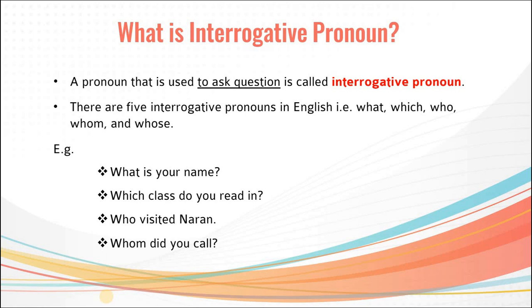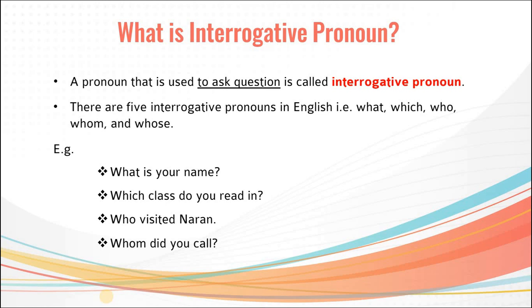When we are talking about adverbs, we say when, why, how, whenever, however, etc. When we are talking about interrogative pronouns, we are talking about what, which, who, whom, and whose. What's your name? Which class do you read in? Who visited Naran? Whom did you call?